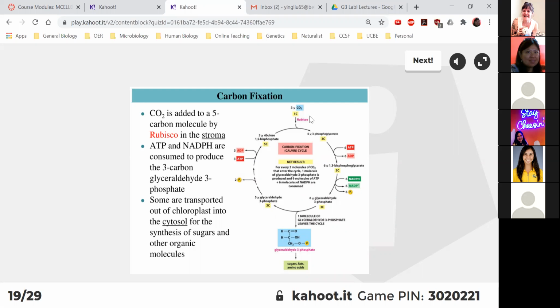G3P is what's being released, and it can be used for synthesizing glucose and other things in the cell. It is a cyclic cycle, so the rest of it is regenerating the compound called RuBP. This is the compound that goes into the cycle, and it's regenerated in the last step.